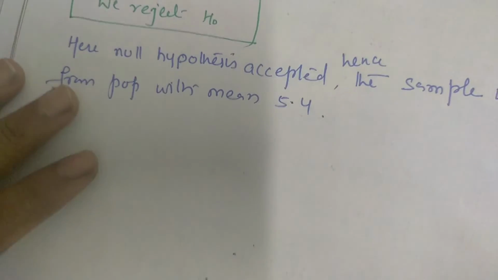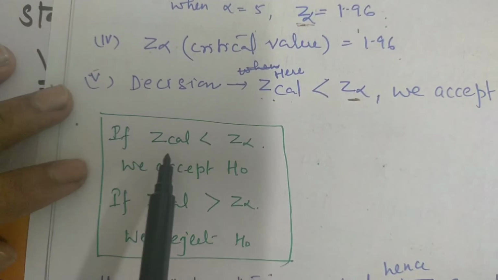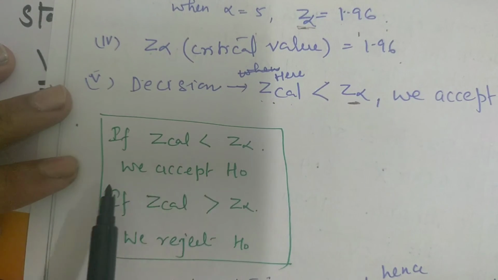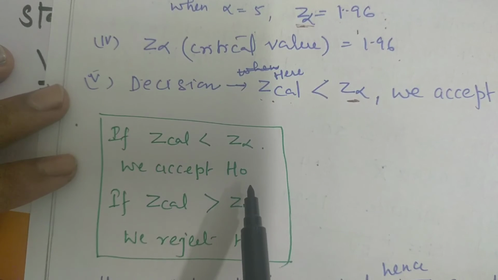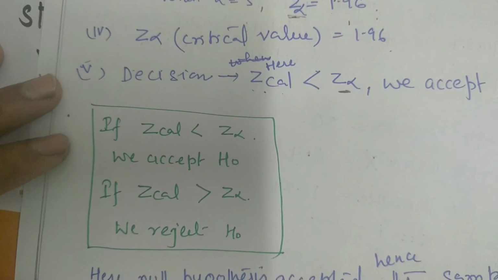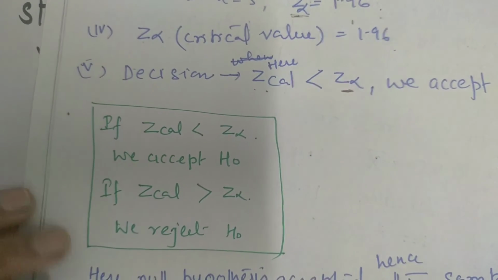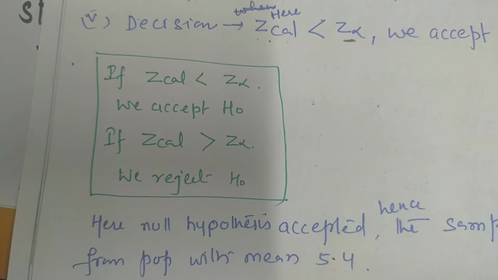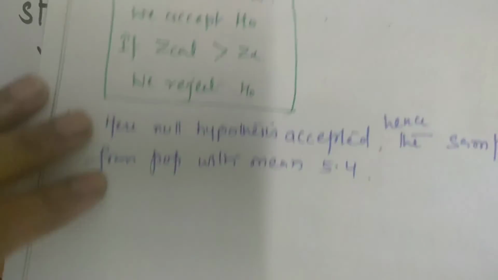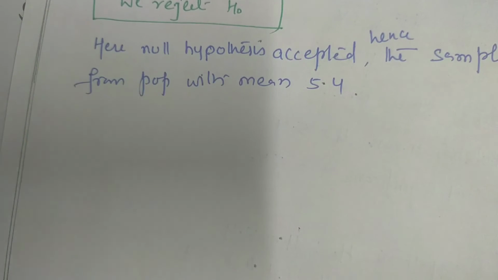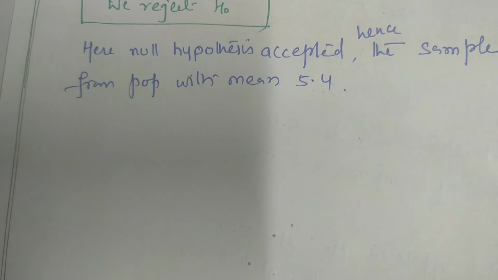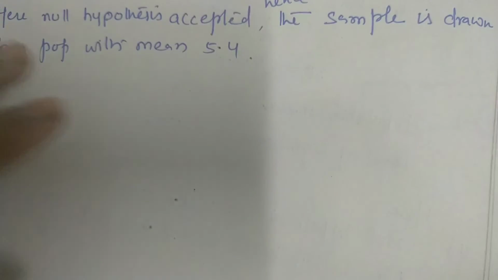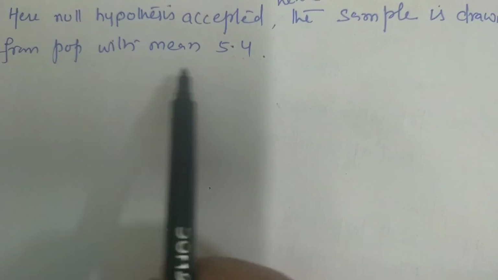So always remember, if the Z calculated value is less than Z alpha, then we accept the null hypothesis, or fail to reject the null hypothesis. So here we got the Z calculated value less than Z alpha. So from our calculation we can say that we fail to reject the null hypothesis, and we can say the sample is drawn from the population.